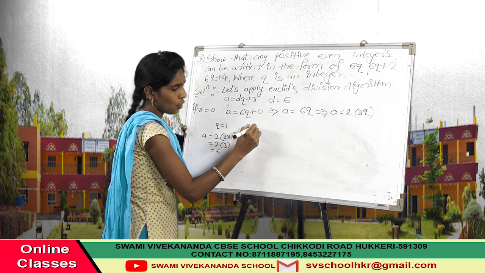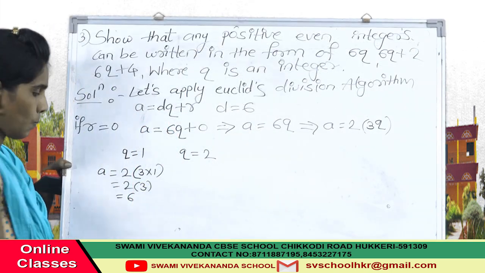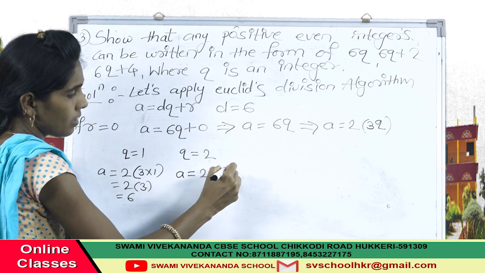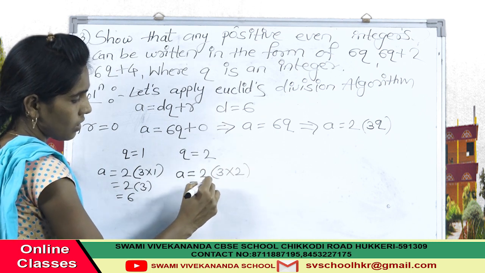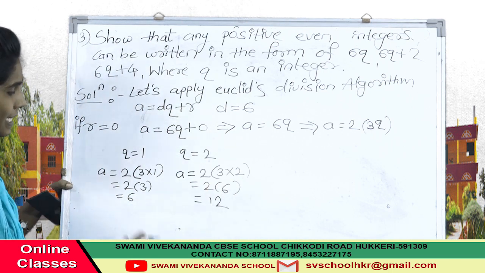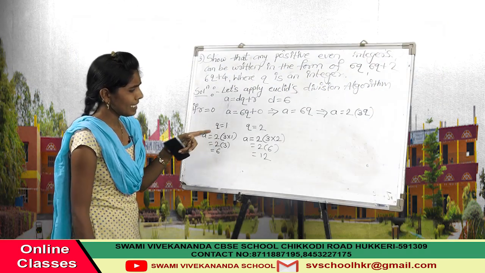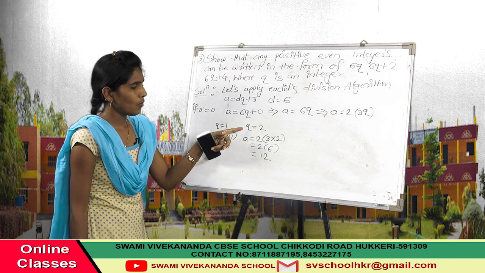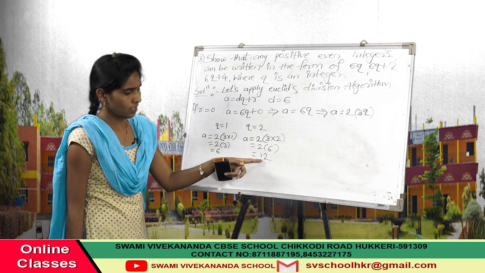If we take q is equal to 2, A is equal to 2 into the bracket 3 into 2, that is 6 into 2, which is 12. When we take 1 we get 6, when we took 2 we get 12.